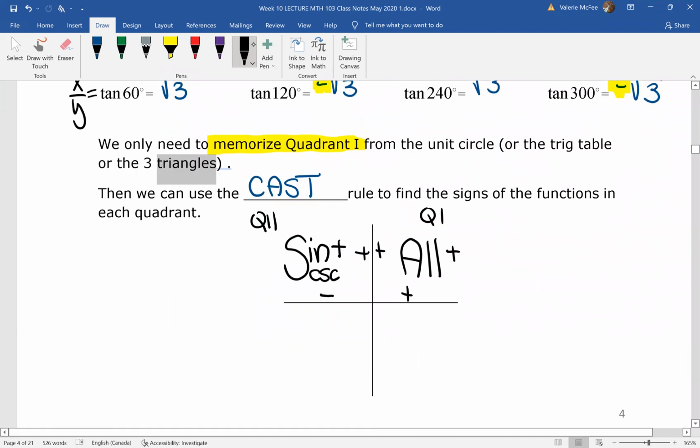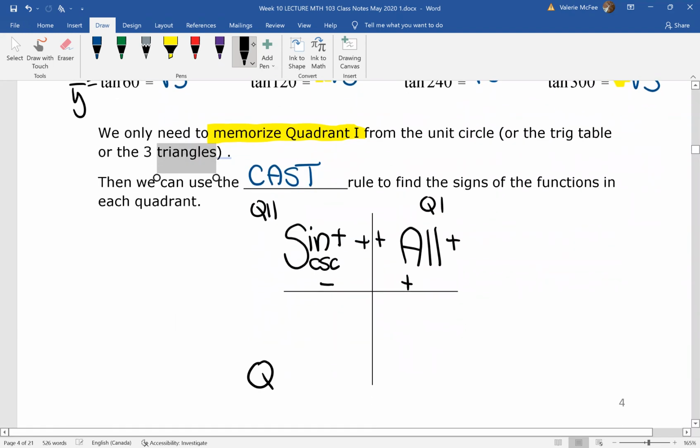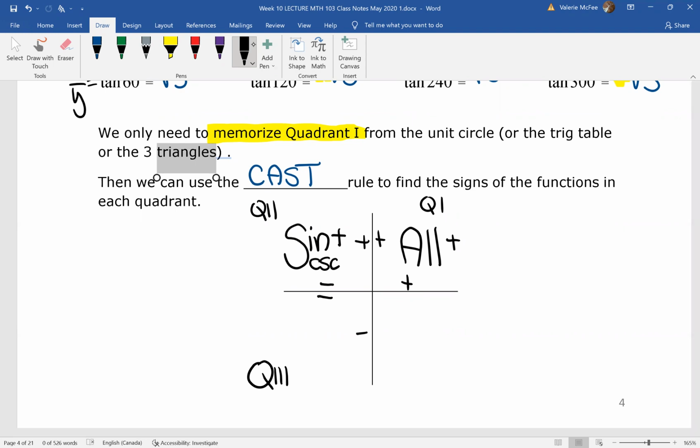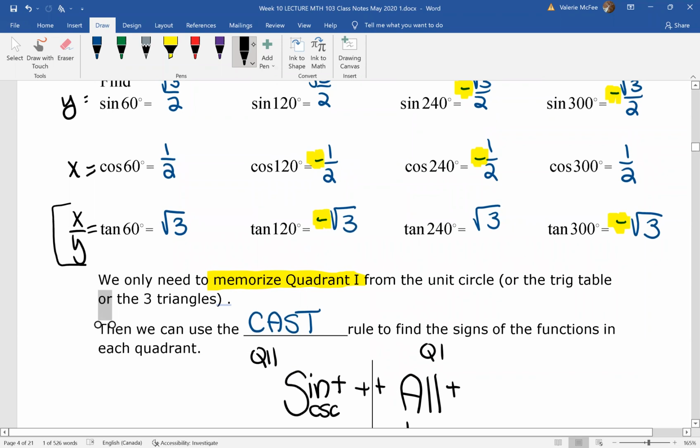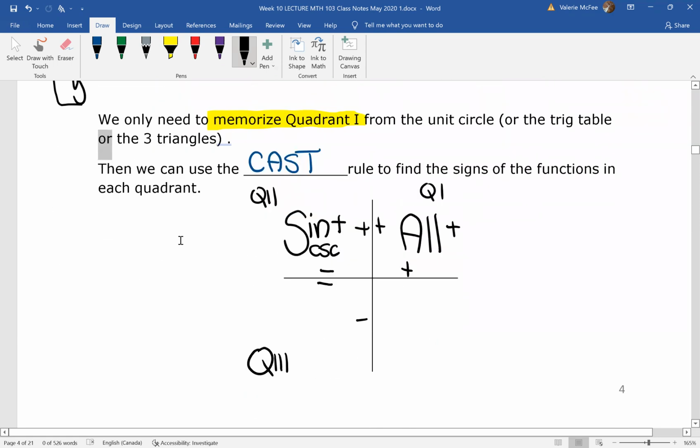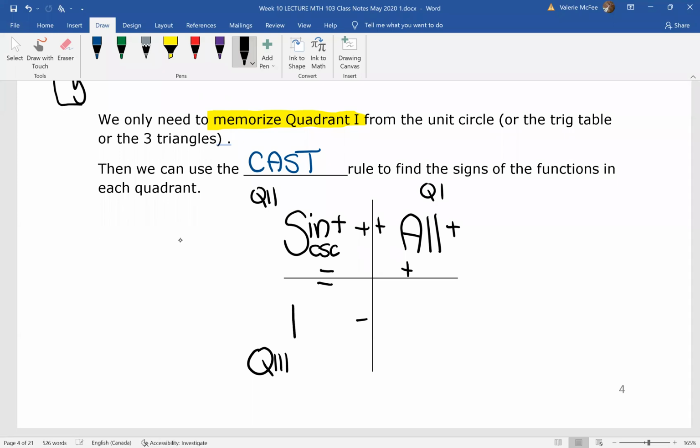What about in quadrant 3, where y is negative and x is negative? If x and y are both negative, then tangent is going to be positive. Cosine and sine are going to be negative. So here we can say that tangent is positive, so is its reciprocal.